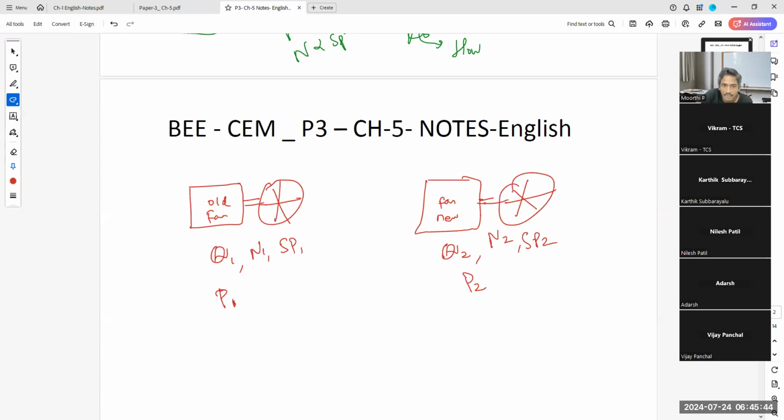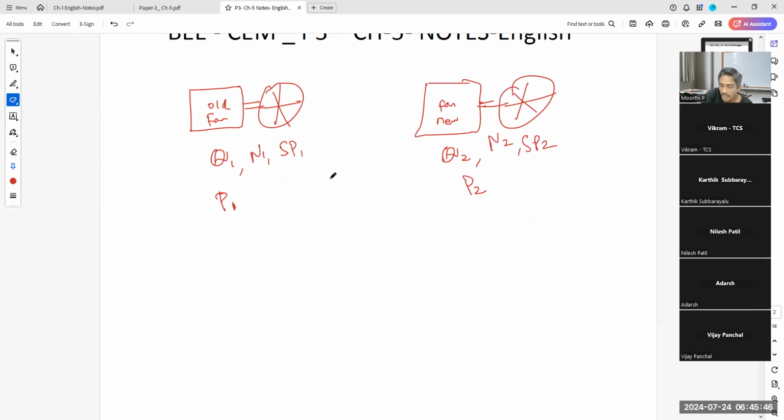With the general formula. What is the general formula? Q directly proportional to N, static pressure directly proportional to N square, power directly proportional to N cube. Okay, this general formula is used for these two fans to compare and calculate.